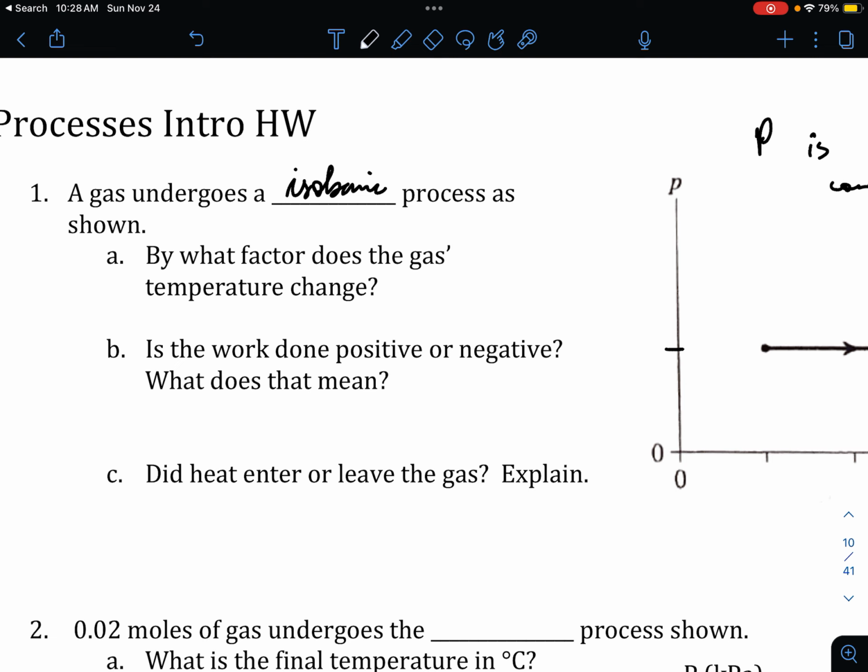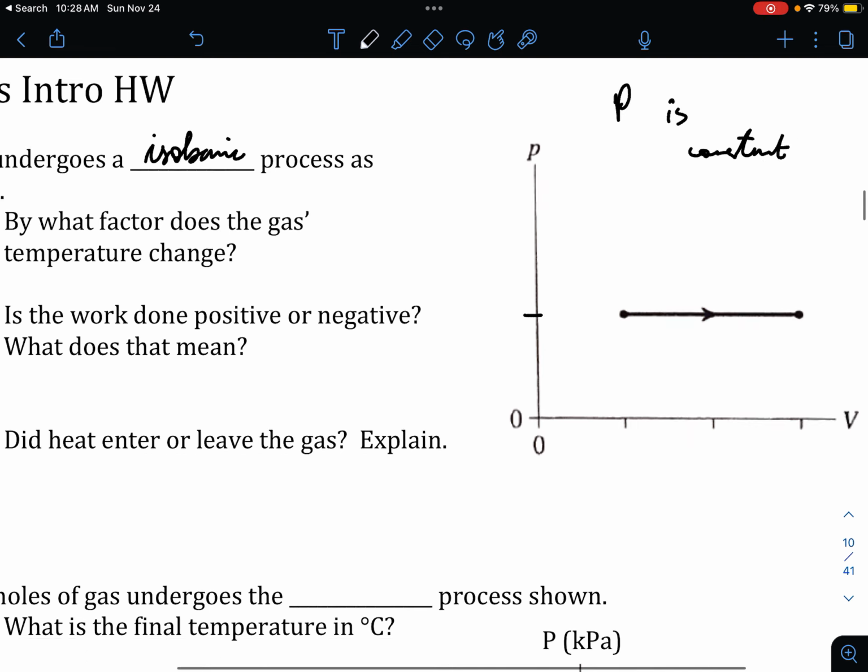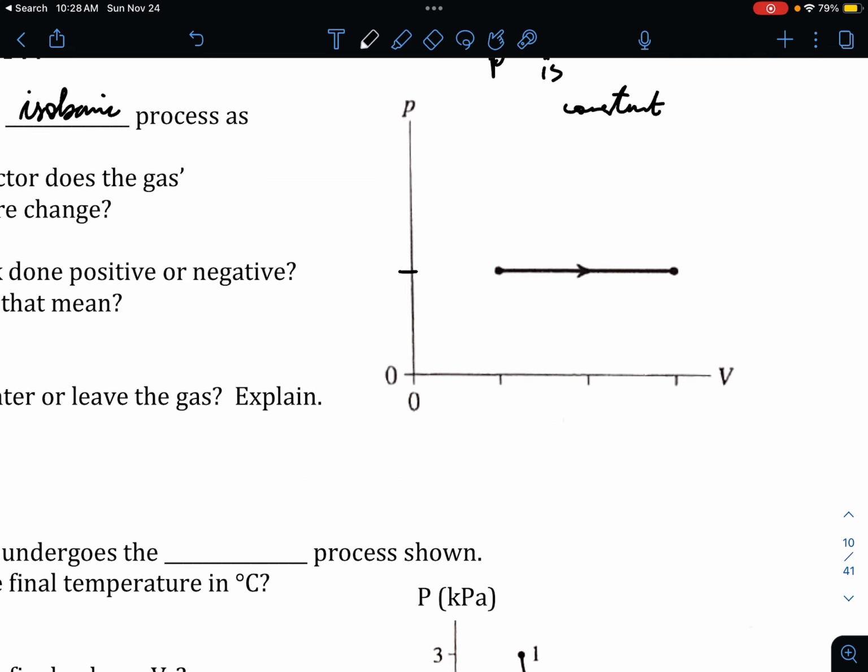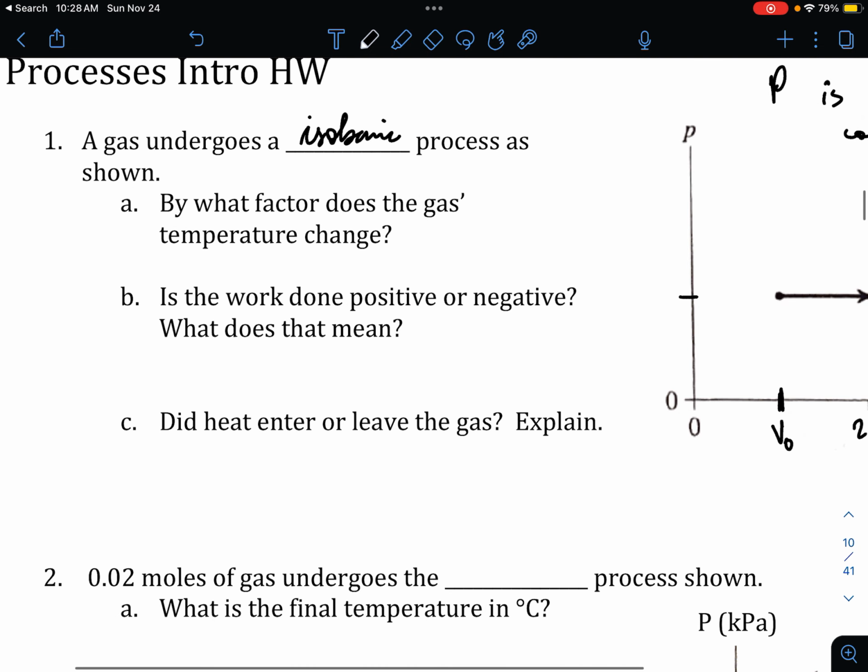By what factor does the gas's temperature change? So initially we'll call this volume V initial, and then it's incrementing by 2V initial, and then 3V initial. So the volume got 3 times bigger. Remember, this is our ideal gas law equation: PV equals nRT.